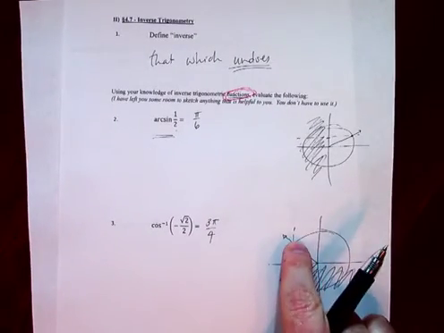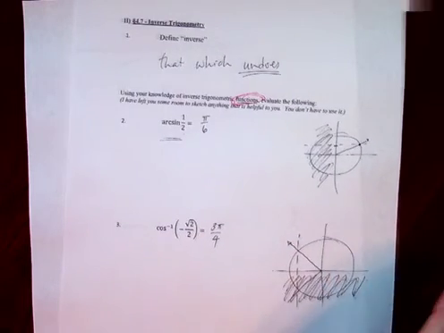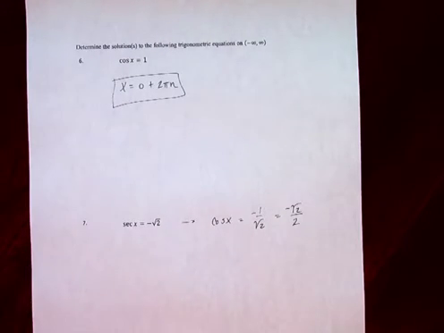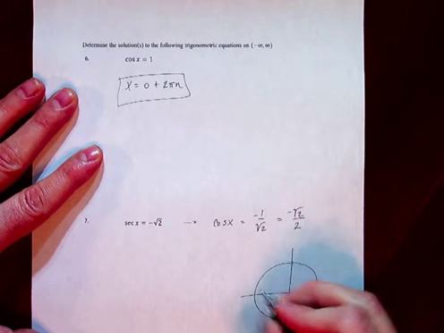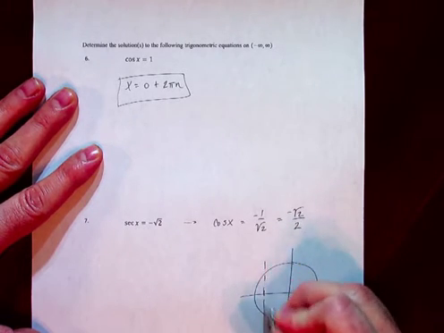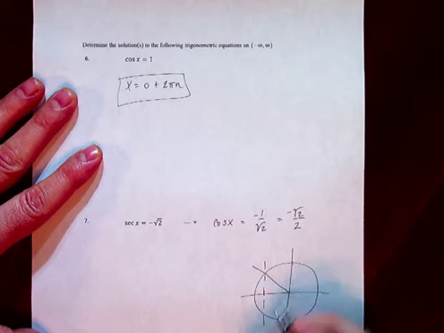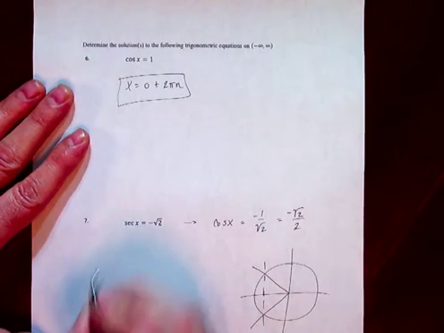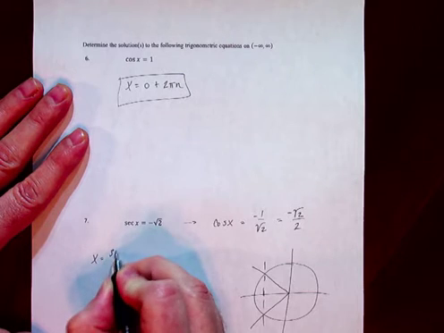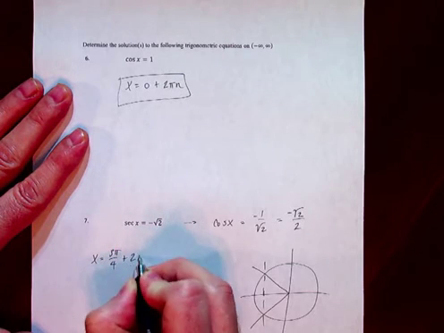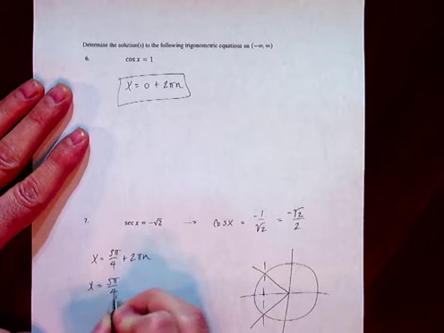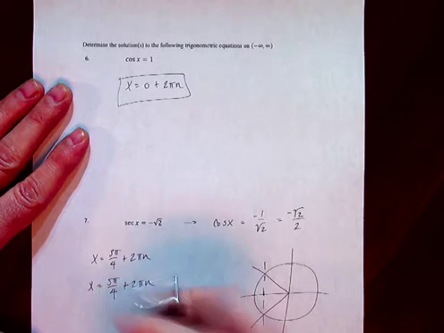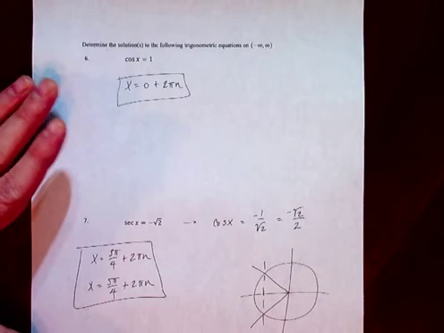But now, instead of being relegated to this one measurement, we have both of them and all of their coterminals, okay? And so if you go over here and you get these, you get 3 pi over 4 and 5 pi over 4. And so you get x is equal to 3 pi over 4 and all of its coterminals. And x is equal to 5 pi over 4 and all of its coterminals.